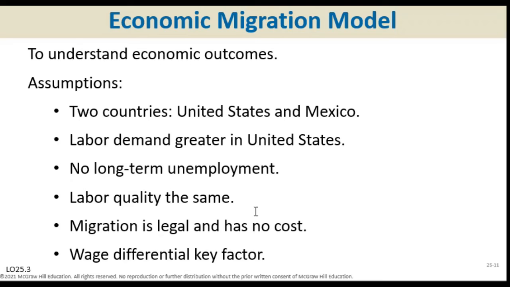Doing so, we will find that labor will continue to migrate to the United States from Mexico until the wage rate between the countries is equal. So the wage differential will put a pressure on migration to continue, immigration from Mexico to the United States to continue until we get that equality between the wage rates.